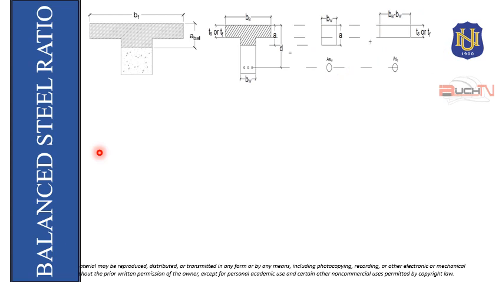So, ang mangyayari, the rho balance of a T-beam is equal to rho balance bar plus rho of flange.